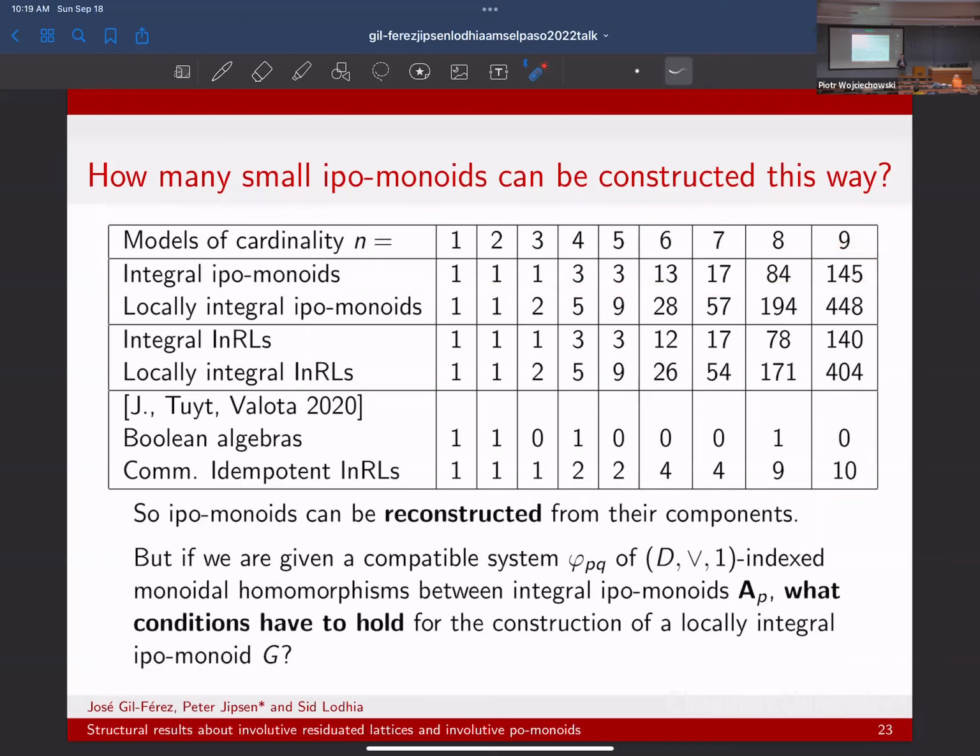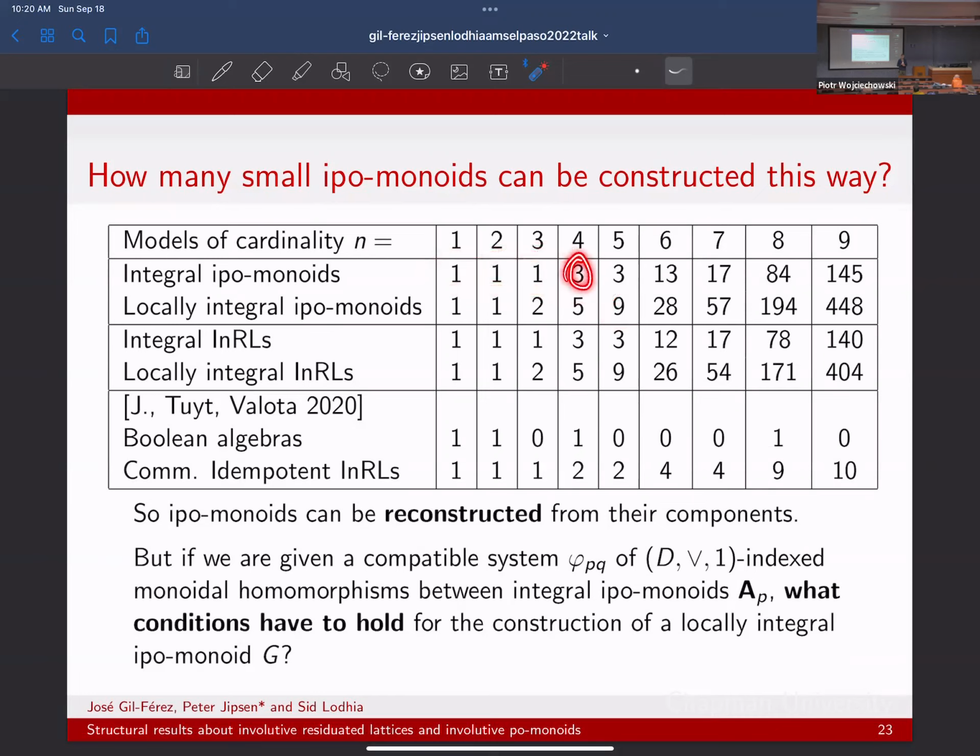But the locally integral ones, there's a lot more of them, 448. And these 448 are constructed from these smaller integral ones. And you can really figure this out almost by hand. I mean, at least up to the level of 9, I've done it by hand. These 9 are constructed from these, and these we all know very well.